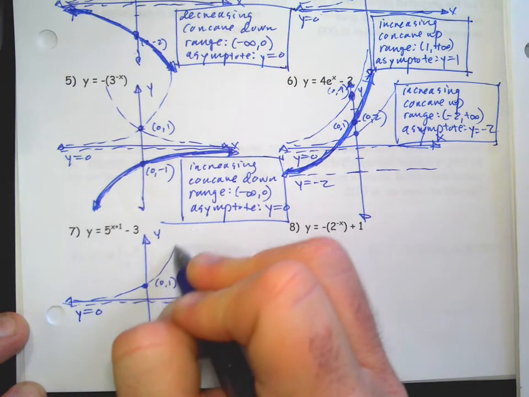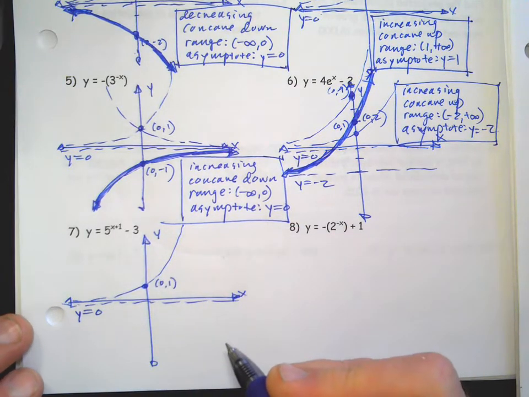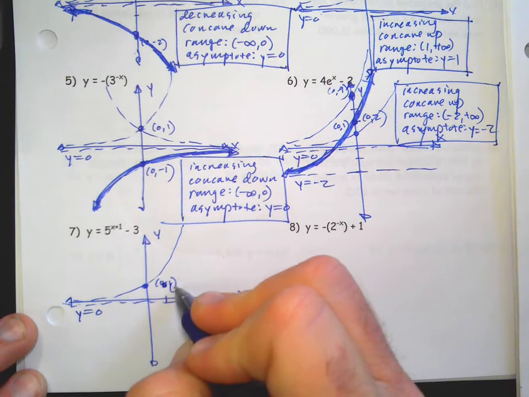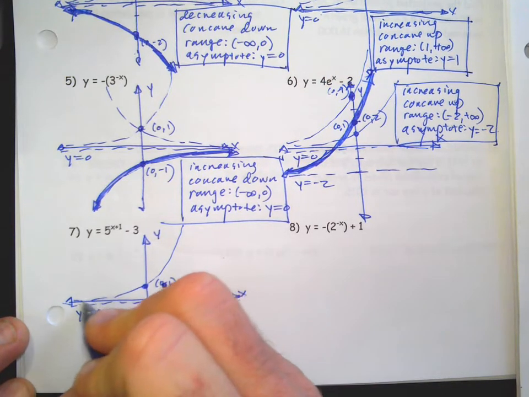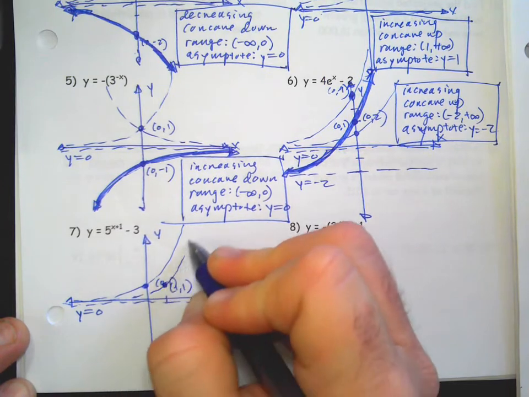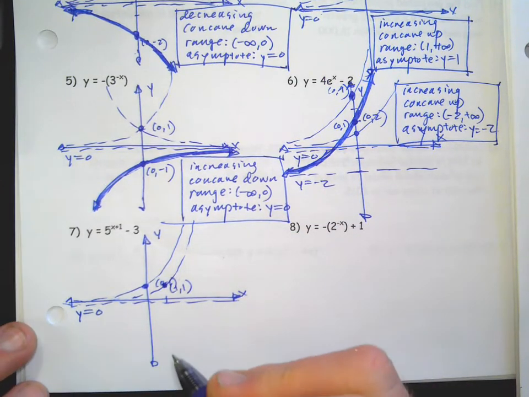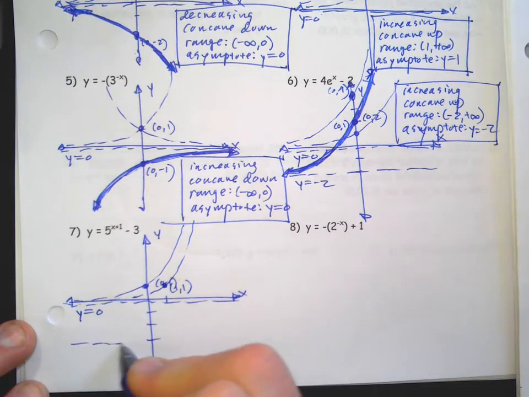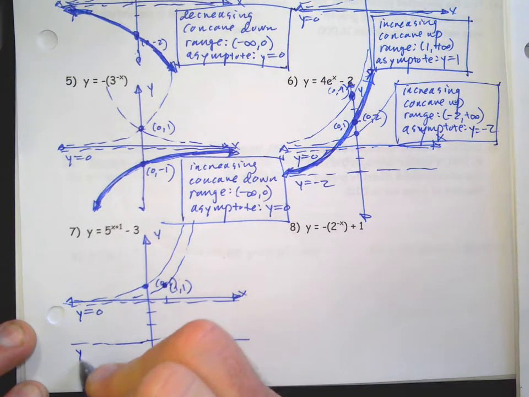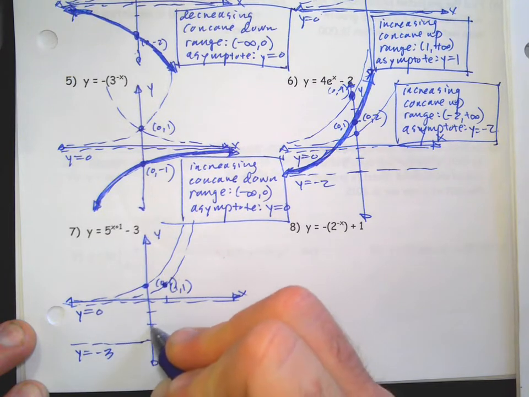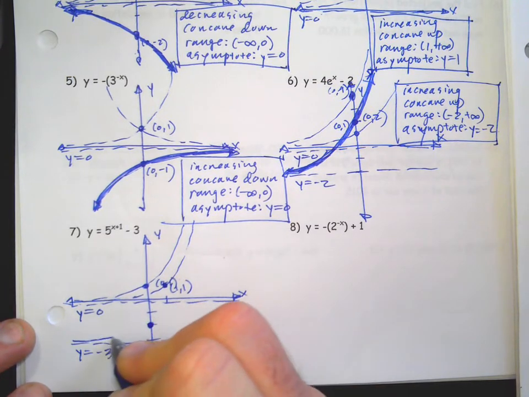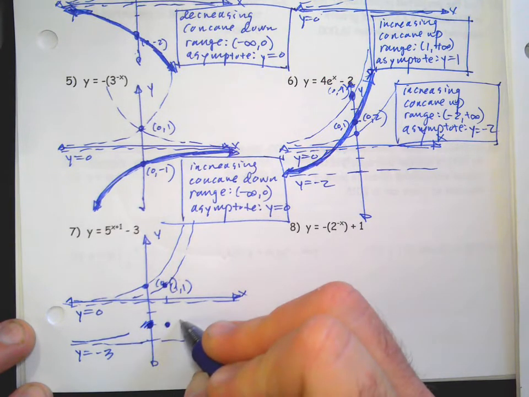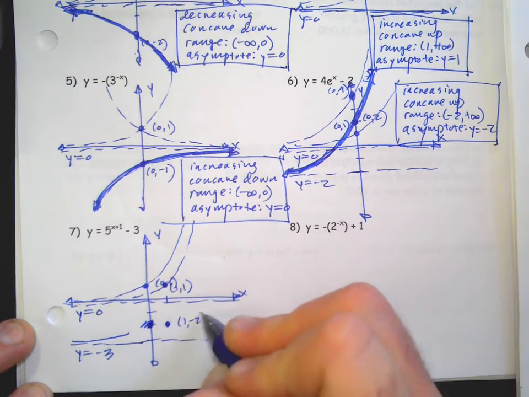So that's y equals 5 to the x. The plus 1 on the inside moves everything to the right 1. So now the point that I'm keeping track of is the 1, 1. I don't care that it's not the y-intercept anymore, but I want you to keep track of that one. Then the minus 3 moves everything down 3. And so we have y equals negative 3. Oh, sorry, this is the point we should have. So we're at 1, negative 2 now.